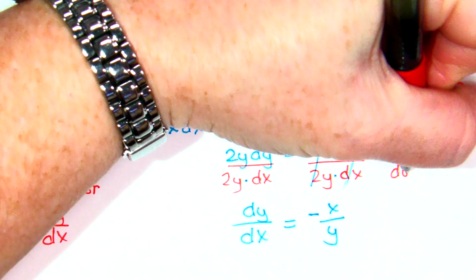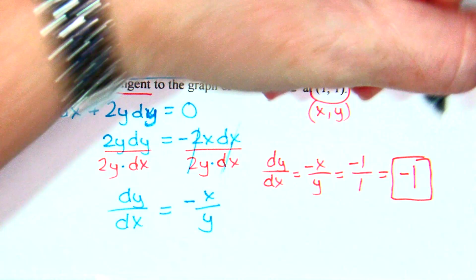So, if dy/dx is negative x over y, fill in those values, it's negative 1 over 1. And negative 1 over 1 is negative 1. So the slope of the tangent line at the point 1, 1 is negative 1.